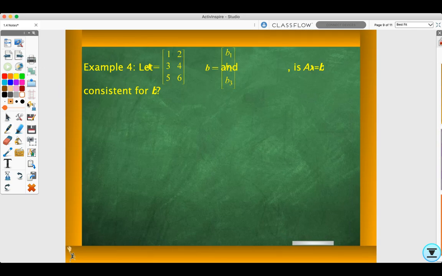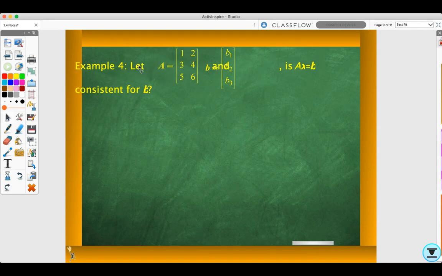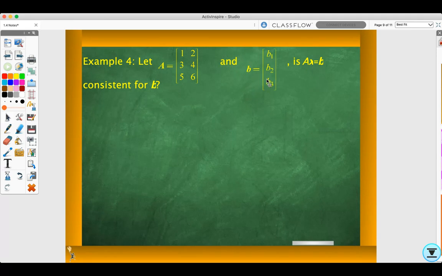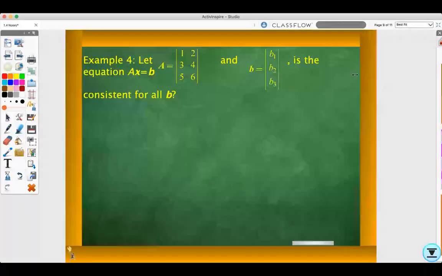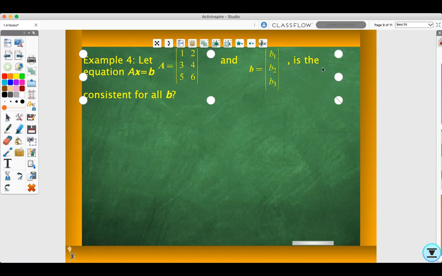So let's look at this example. The formatting is a little different than previous years.